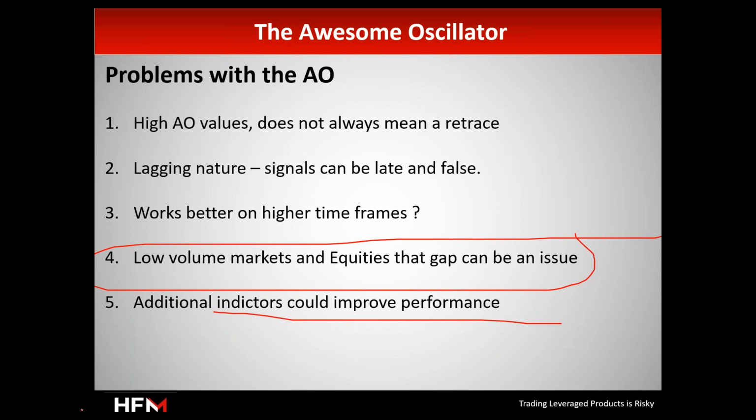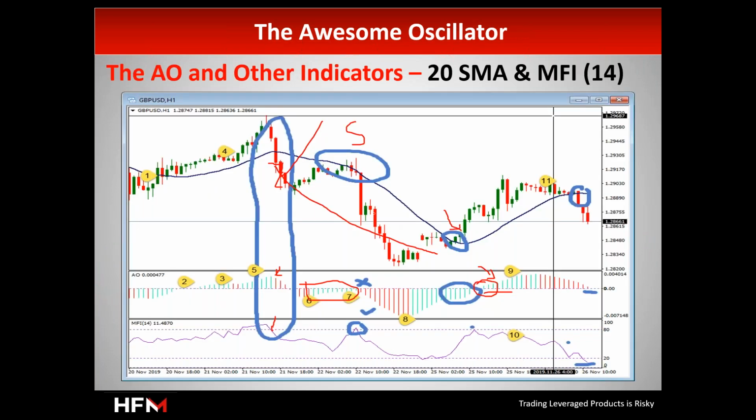You can see how helpful it could be for identifying entry points, exit points, and confirming your decision. This is a brilliant example of how useful it is to combine the Awesome Oscillator with one or two extra indicators. You have seen that the body of the candle over here, along with the MFI, confirms the short position.